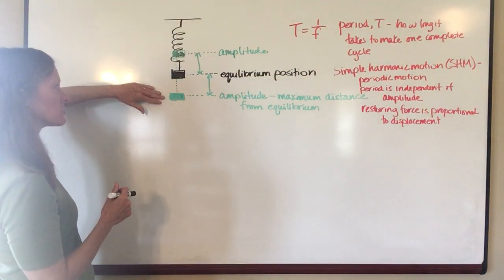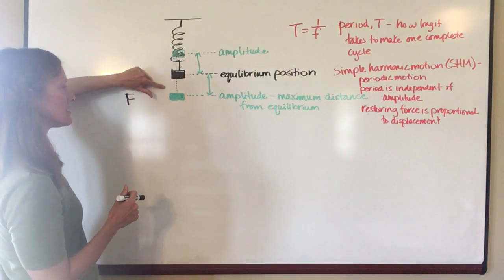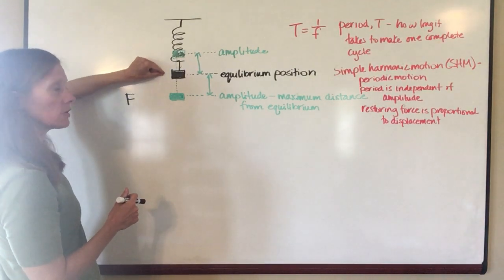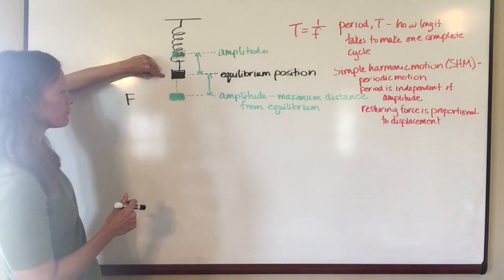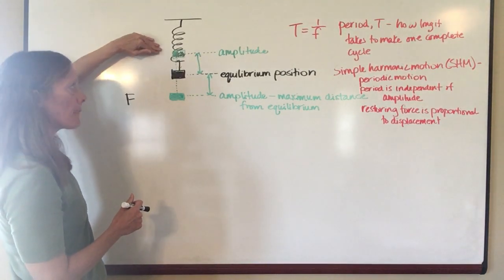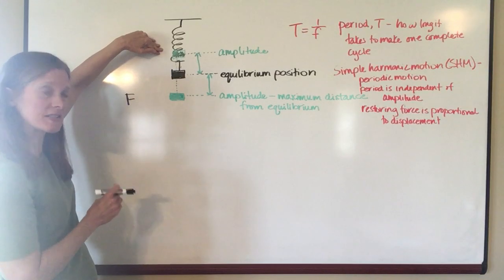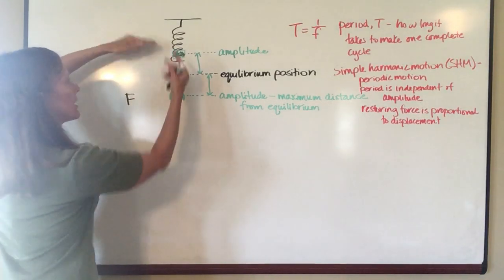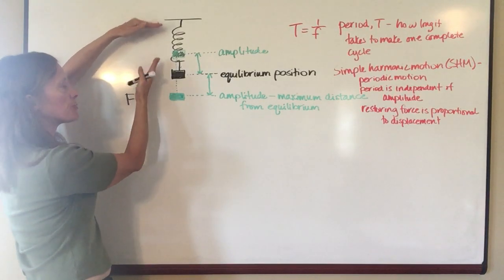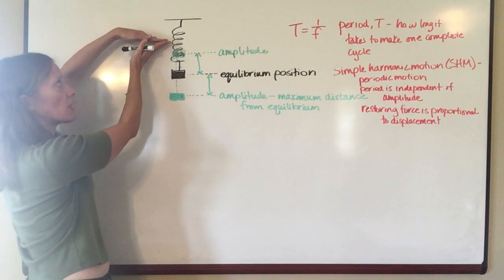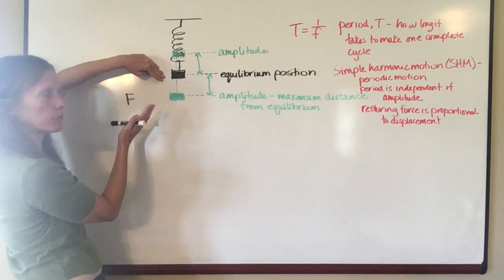Because here it's at a maximum. The closer I get to this, the smaller the restoring force becomes, as the spring is trying to pull it back to equilibrium. Now, if you think about the top portion of the journey, it's the same thing up here, because down here the spring is stretched, but up here at the top, the spring is actually compressed and it's trying to push the mass back to equilibrium.